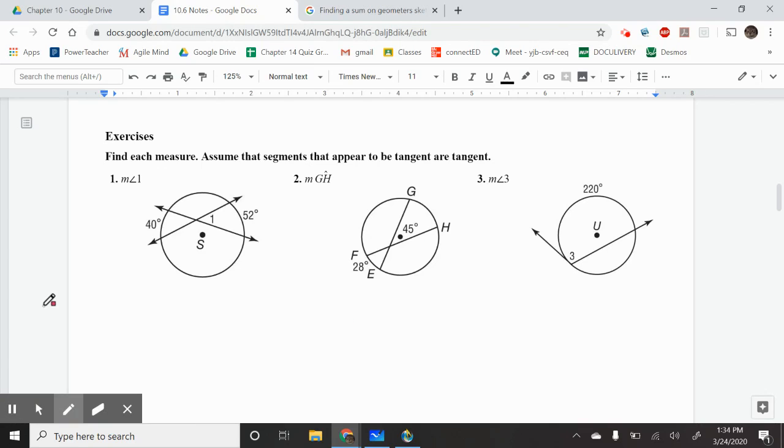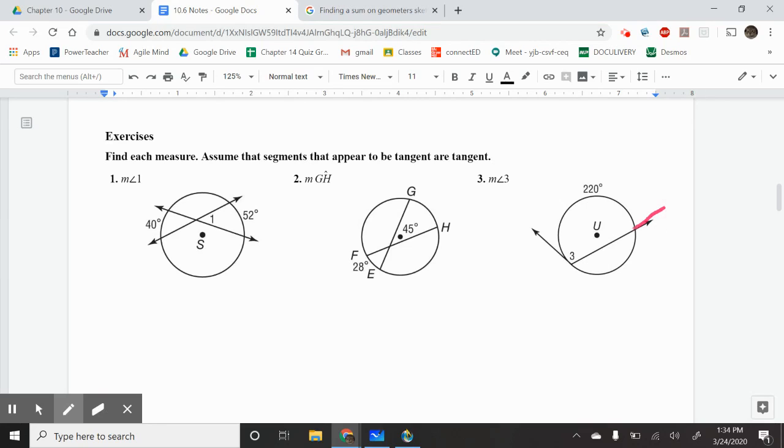Now, here's something we did not do on Geometer Sketchpad, but I'm going to show you logically how you can figure it out, and that's number 3. If you take a look at this one, we don't really see the two secants, but they are actually there.